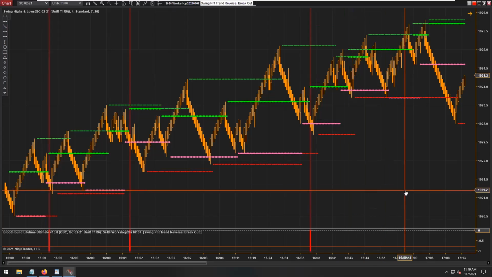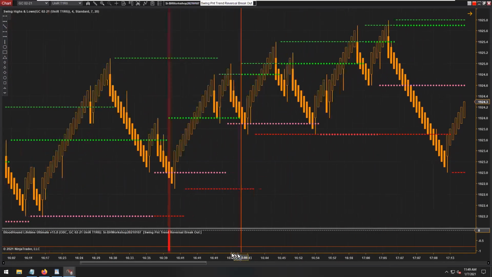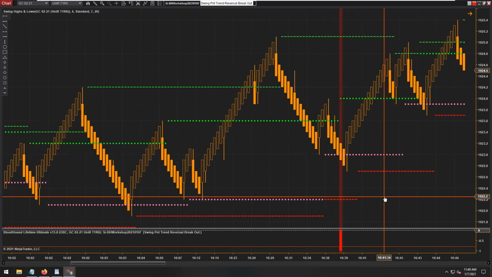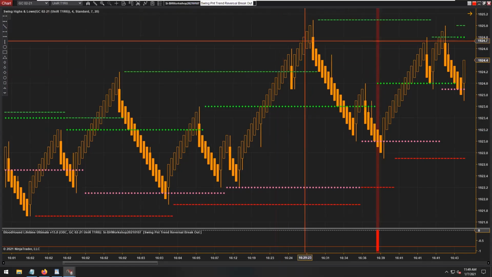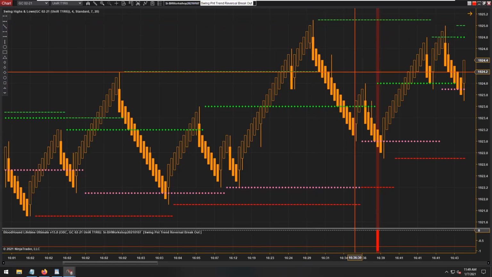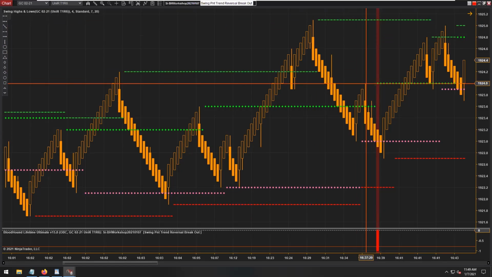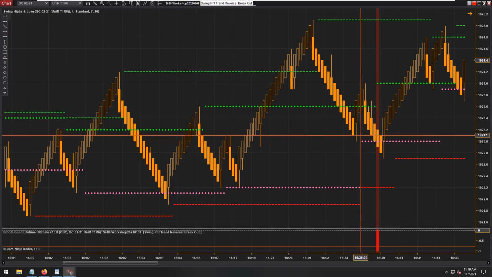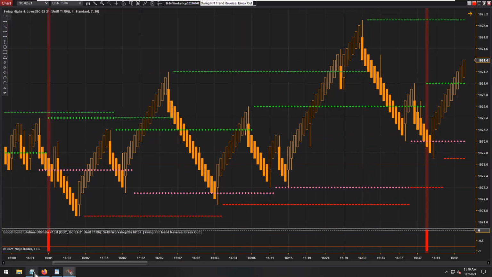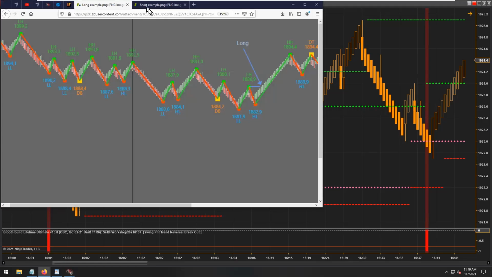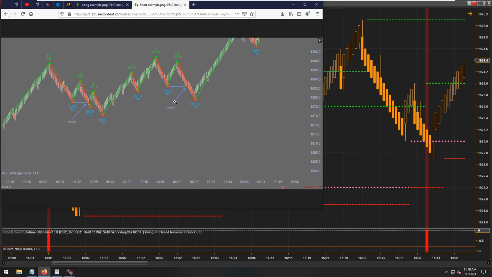So let's scan through these and verify. We do have a higher high made, and then we have a lower high, we have a higher low, and then price crosses that low point. Let's double check here.